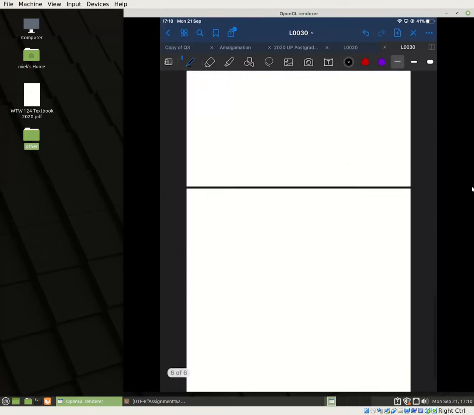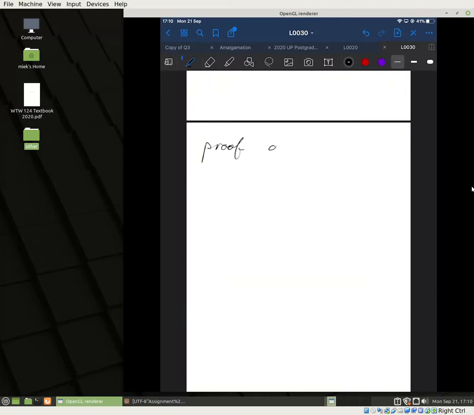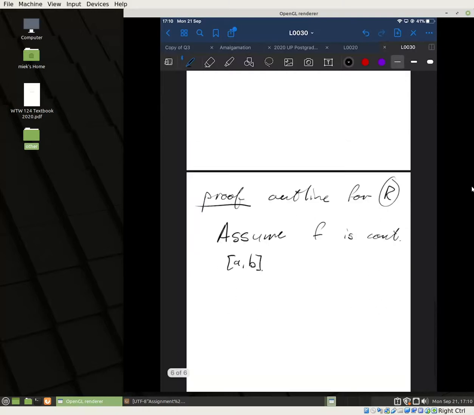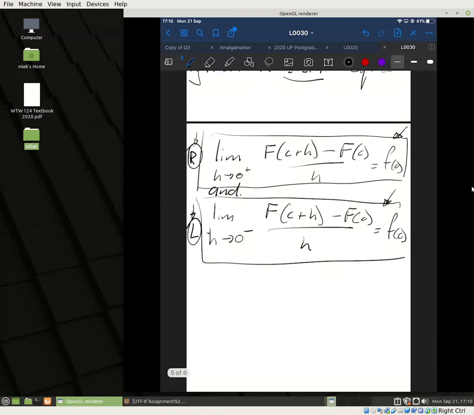Okay, so before we do anything, let us write a proof outline for R. Firstly, what are we assuming? We assume that f is continuous on our interval AB. Then we want to show that this limit exists and is equal to little f of c.